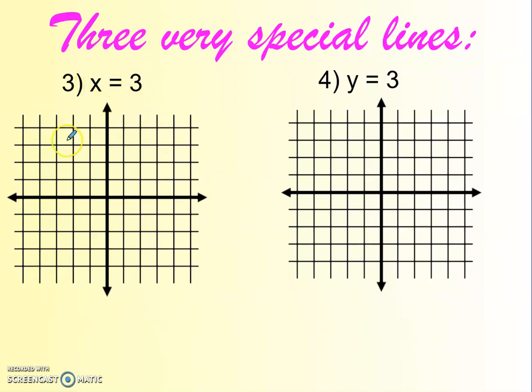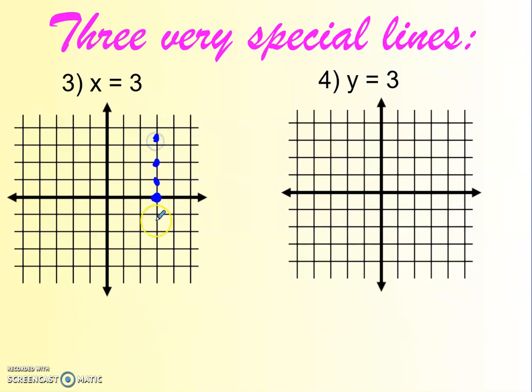And if you look at this graph grid and think about x values being 3, remember the x-axis is the horizontal axis. And if I count to the right 3, that point right there is one point where x is 3. It's not the only point where x is 3: here, here, here, x is 3.